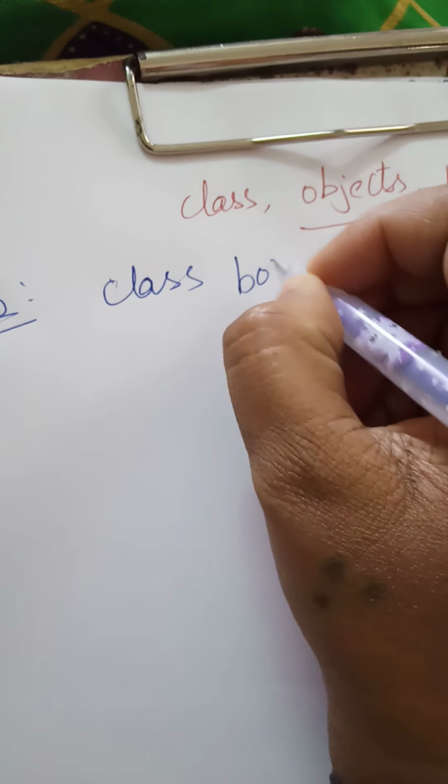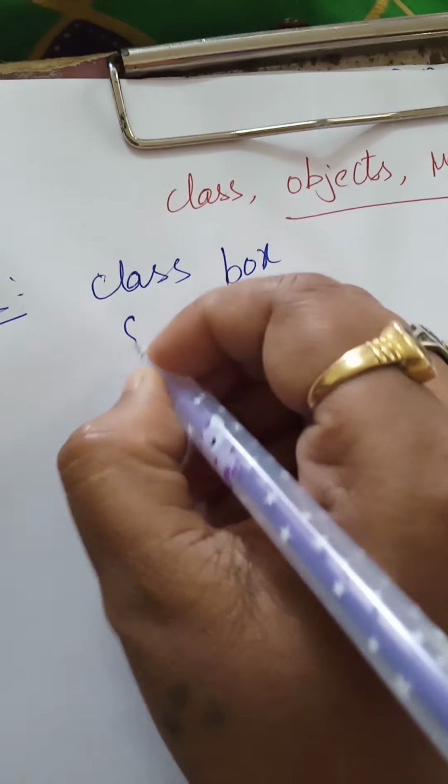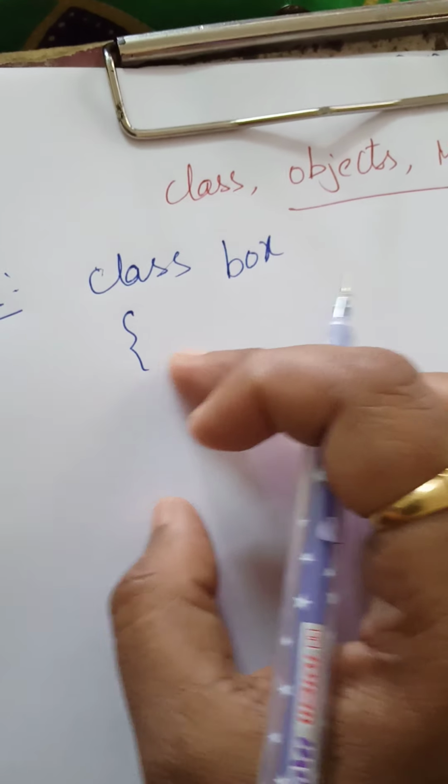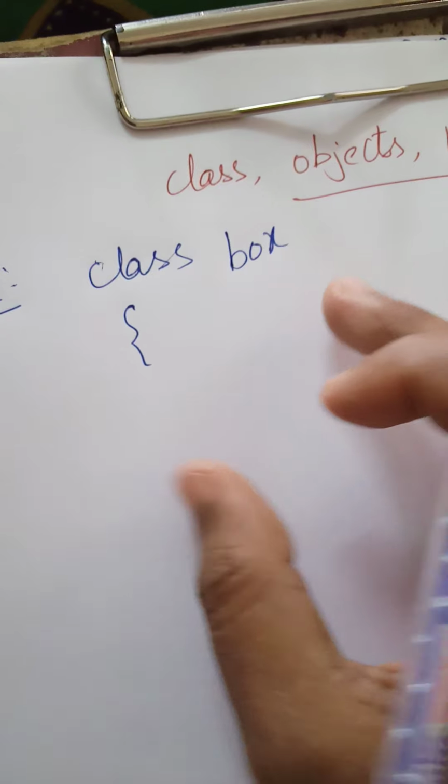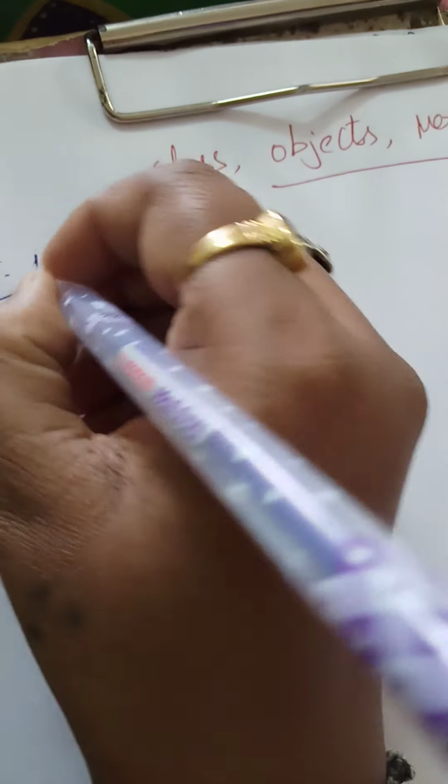According to class syntax, how do you write a class? You write class, space, the name of the class. I am giving it as Box. First let me take only variables and then explain in the first example.